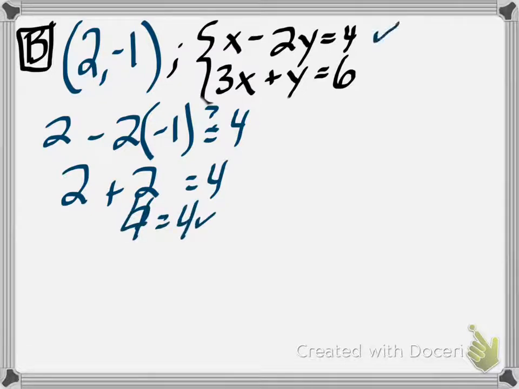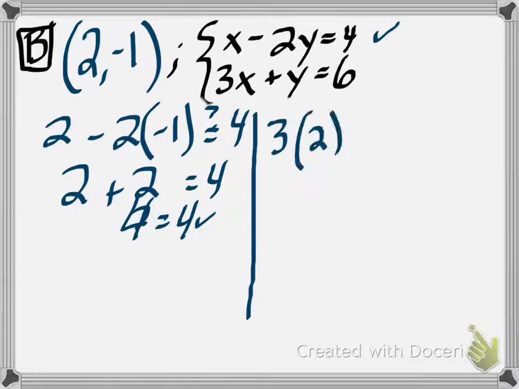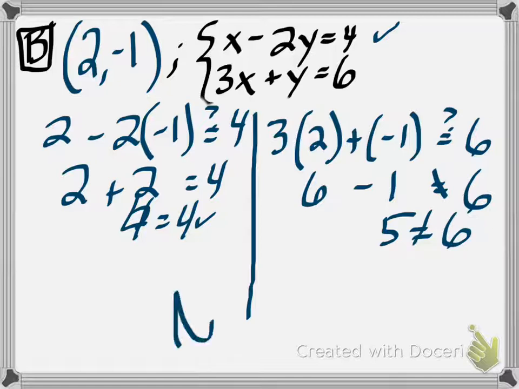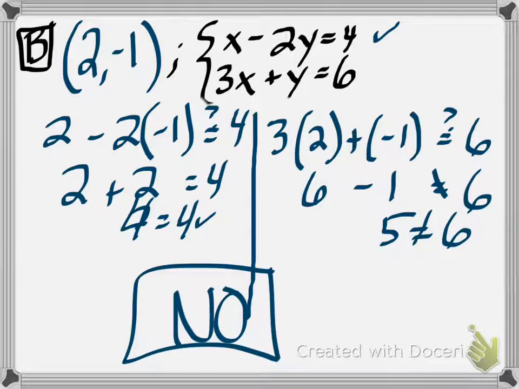So that's true. Let's do the other one. 3 times 2 plus a negative 1, does it equal 6? 3 times 2 is 6, plus negative 1 is like minus 1, and that's 5. That does not equal 6. So the answer is no. 2, negative 1 is not a solution for the system.